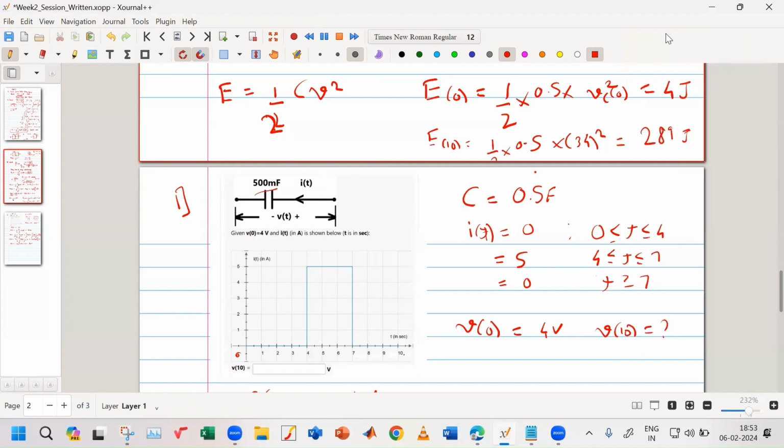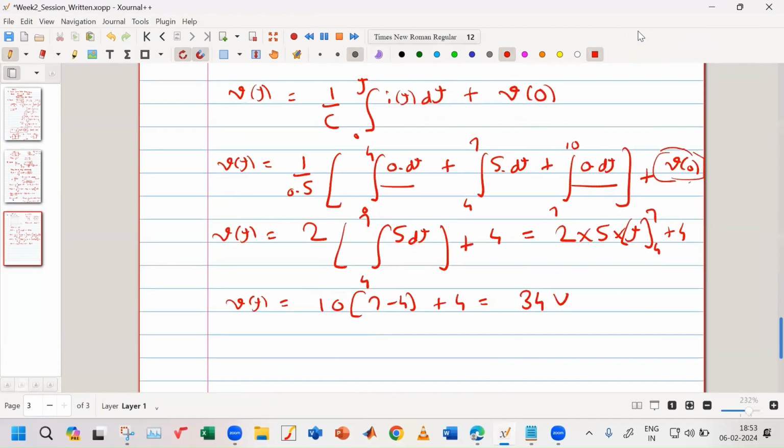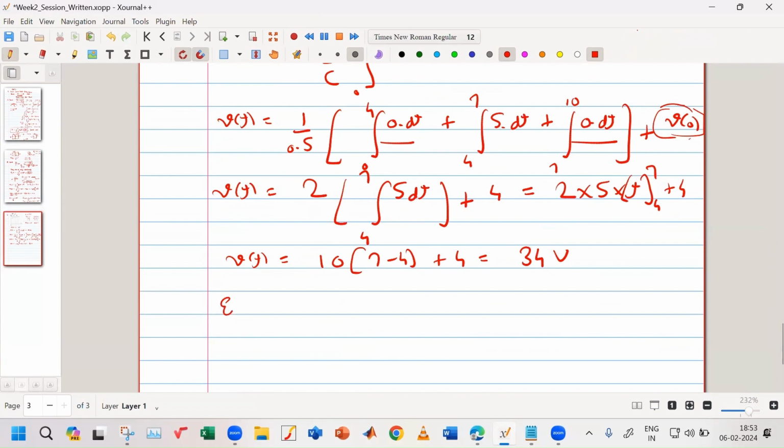So what actually has happened is previously the energy stored in the capacitor was 4 joules. Finally, the energy stored in the capacitor is 289. So it is 289 minus 4. So I've injected 285 joules into the capacitor.